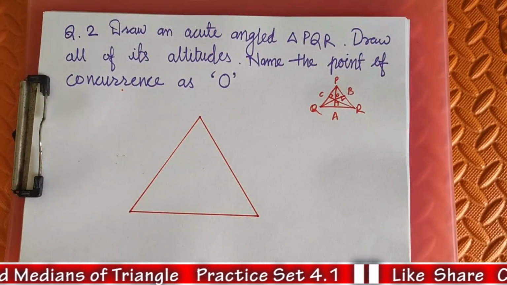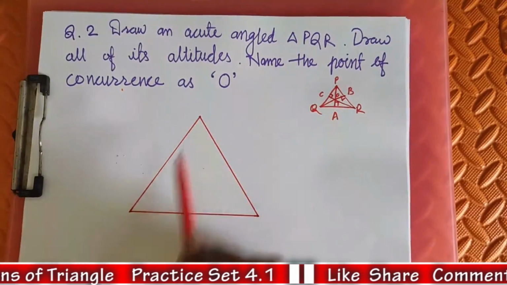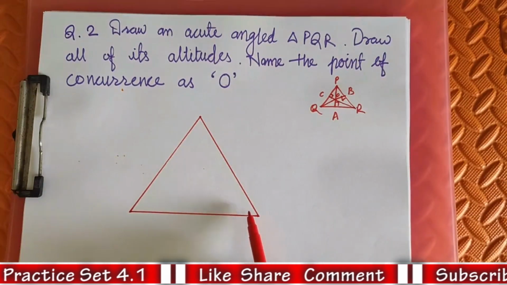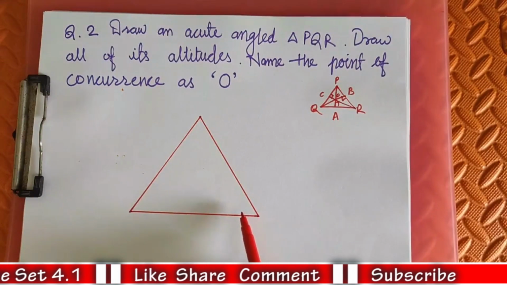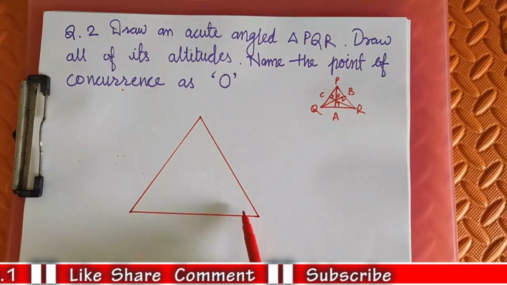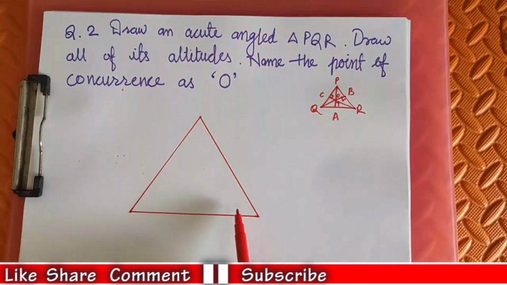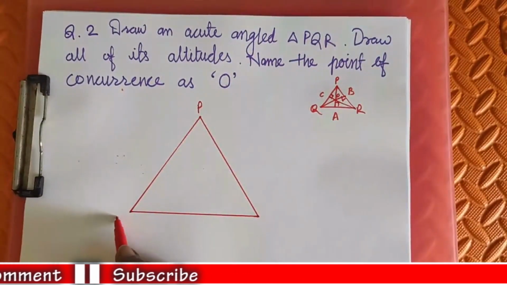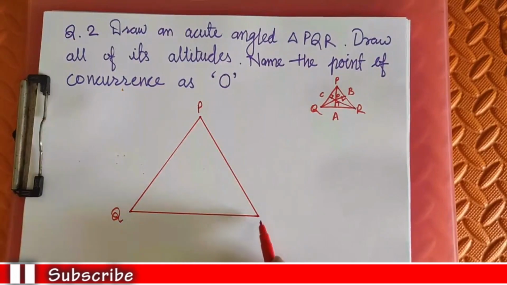In acute angle triangle, all angles of triangle should measure less than 90 degree. All angles should be acute angle. Give your name P, Q, R.